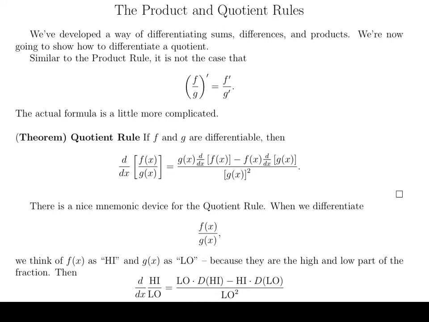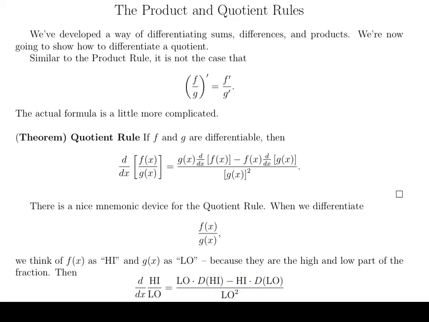Instead of saying that we're going to differentiate f of x over g of x, we're going to differentiate high over low. And so what we should see now is the g of x, for instance, the beginning of the formula here, is low. And then the derivative of f of x is d high. So when I write d high, what we mean is the derivative of the thing on top.